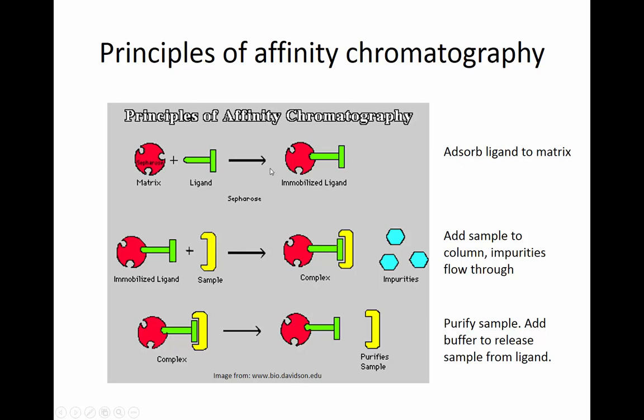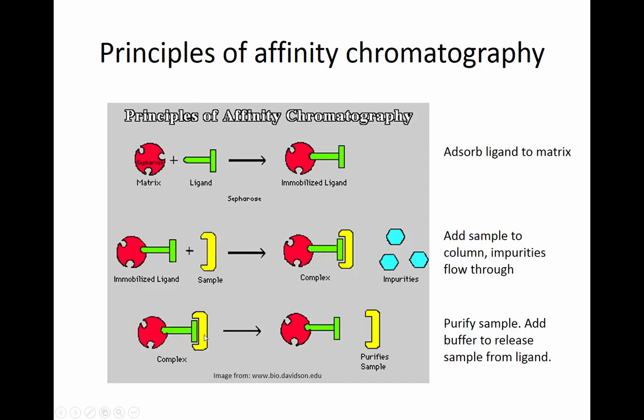And so essentially what you're doing is that we have a matrix onto which something called a ligand is immobilized, and your sample will attach to that ligand and will form a complex. So this will stay behind, your sample, the thing you care about. All the impurities will flow through and get washed out.